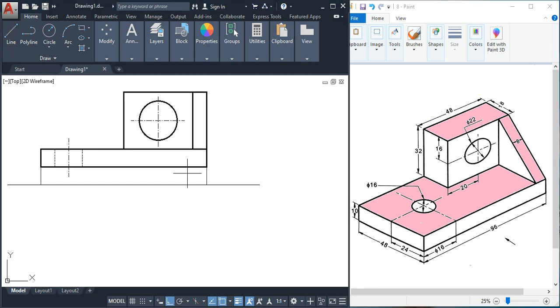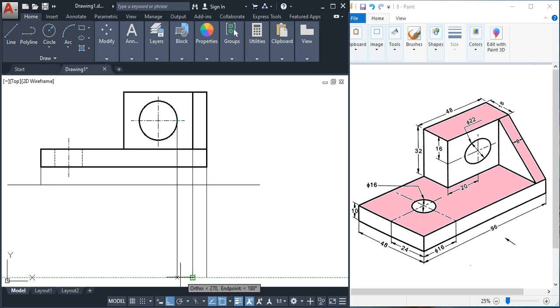For that we'll take projection lines here, from each and every point up to some length, and from here also we'll take projection lines of the same length, and for this circle. From these points also we'll take projection lines, and the center also we'll take projection, and here also from this point.